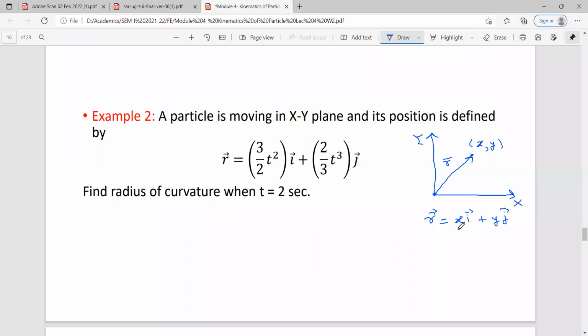So in the same way, the position is given by this equation.